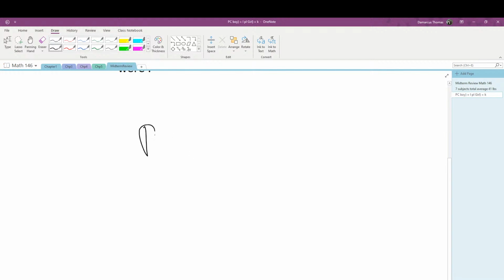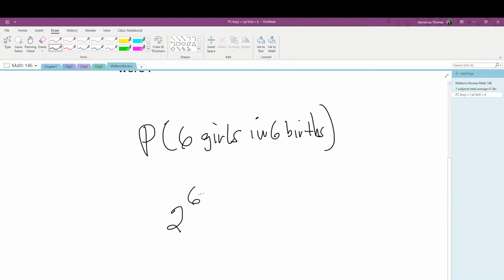Basically, what's the probability of having 6 girls in 6 births? Now, that's a lot of different combinations. If you do 2 to the 6th power, that's 64.